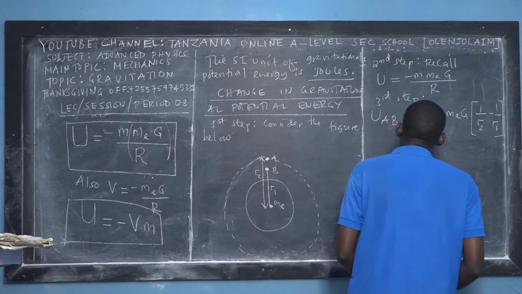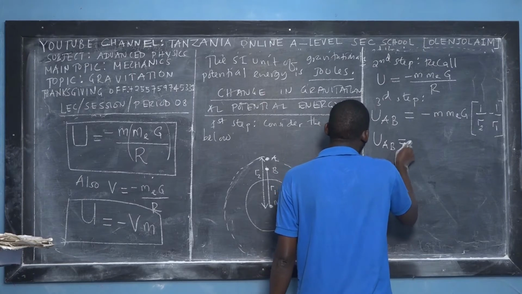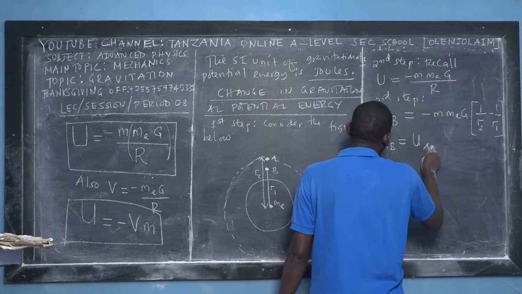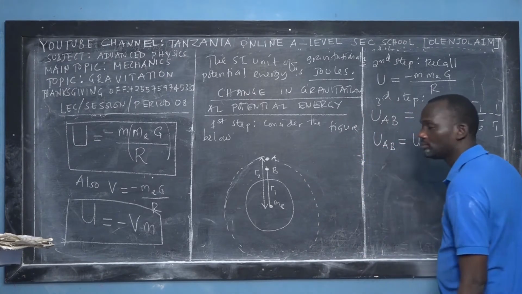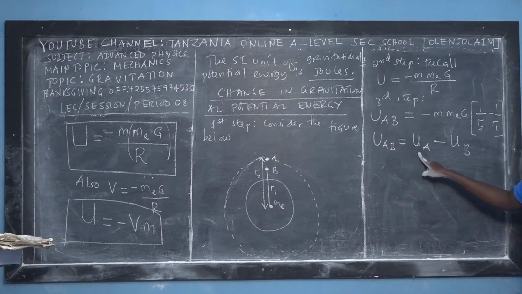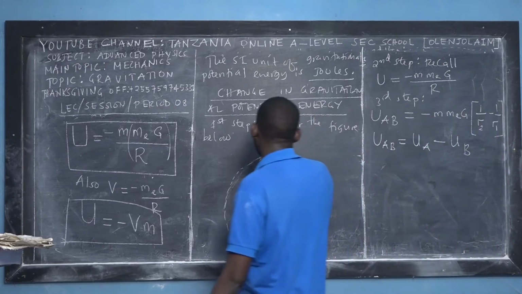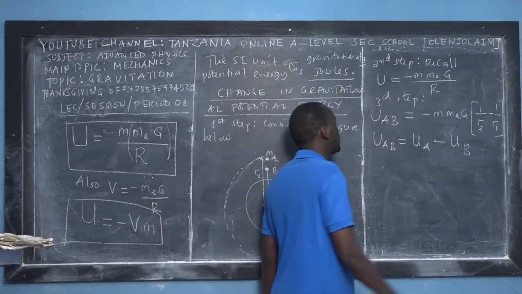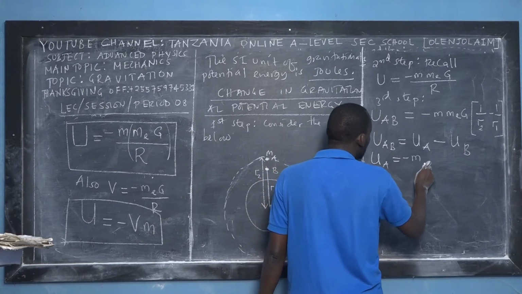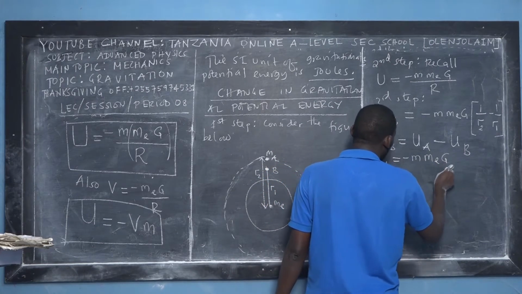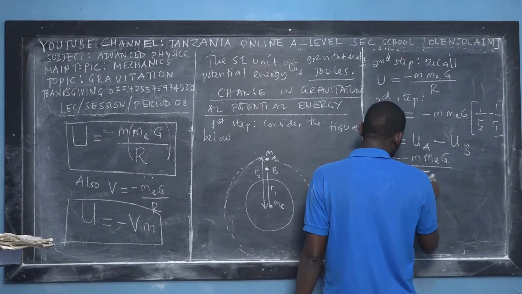So what we have done there: to find gravitational potential between point A and point B, we have to take the gravitational potential at point A minus the gravitational potential at point B. This is the gravitational potential at point A between the S and the body, such as the satellite, and this is the gravitational potential at point B. Remember that gravitational potential at point A is equal to negative mass of the body, mass of the S, times gravitational constant over radius 2.